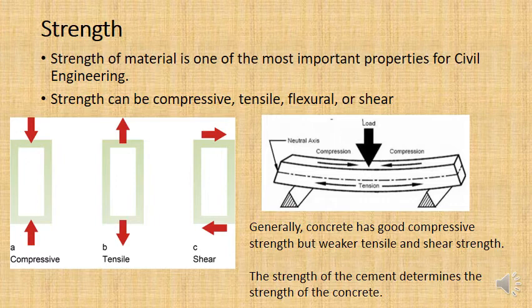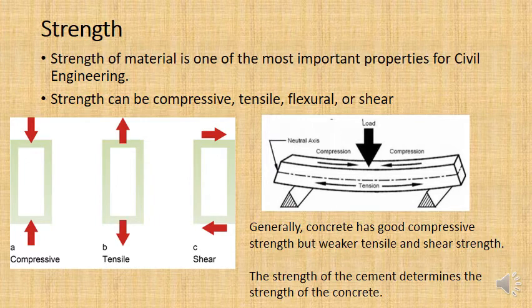So when we're choosing an aggregate for concrete, we're not normally interested in the strength of that aggregate, although it does need to be stronger than cement. The reason for that is the concrete will break when the cement breaks. The strength of the cement and not the strength of the aggregate determines the strength of the concrete.